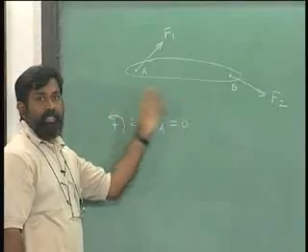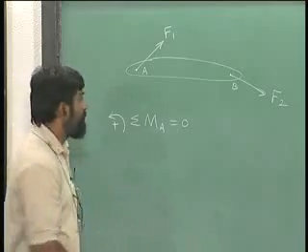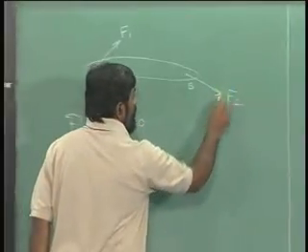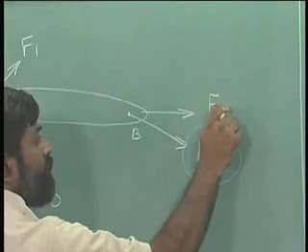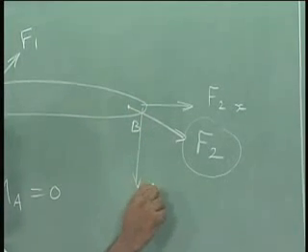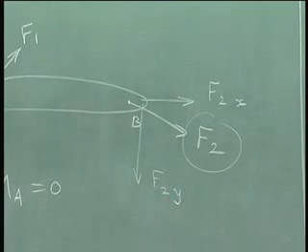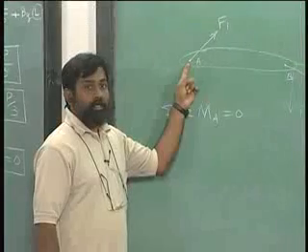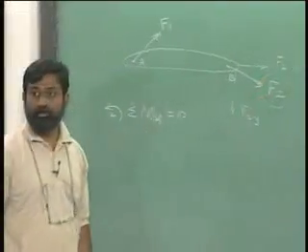We are going to just change this problem a little bit and see whether we can get some simplification. Instead of taking this, let me take a component of this, which is F2x, and a component like this, which is F2y. Okay. Let us look at the moment contribution of these 2 components of this force.